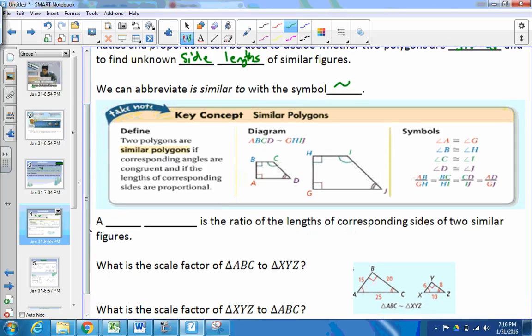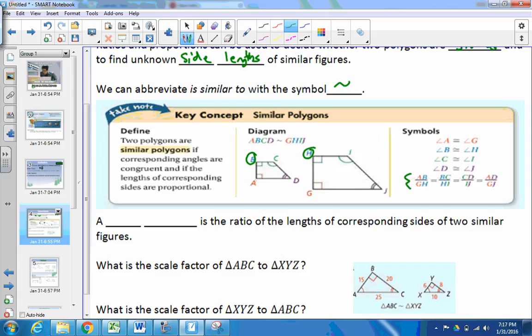So if we look here, key concept, not a theorem, but a key concept. It says two polygons are similar polygons if corresponding angles are congruent. So if we're looking here, angle B and angle H have to have the same angle measures. So if they're similar, they have the same angle measures, and the lengths of corresponding sides are proportional. So over here, we have all the congruent angles, but then we have the corresponding parts.